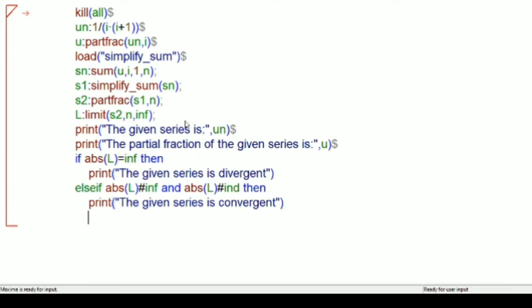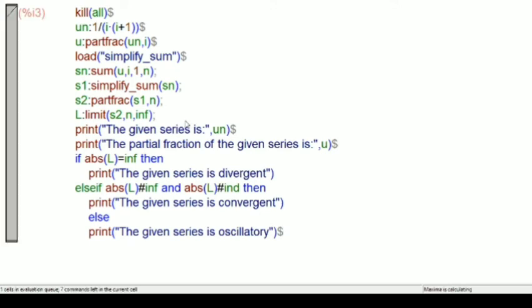If these two conditions are not true, then we are left with the last option. So no need to check the conditions. Straight away we can write else print the given series is oscillatory. So let's terminate the loop. After this, as usual, using Shift Enter, we'll run this.